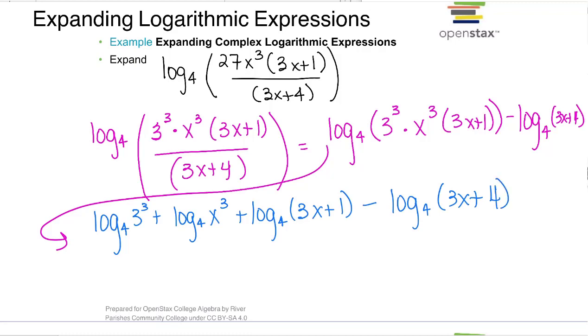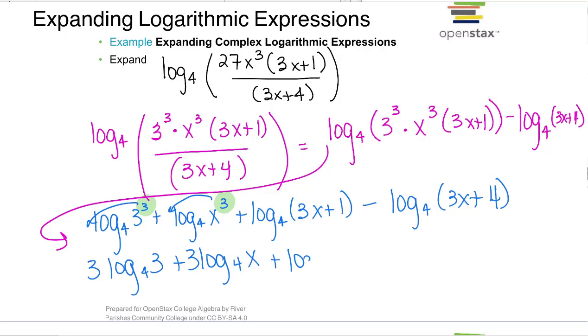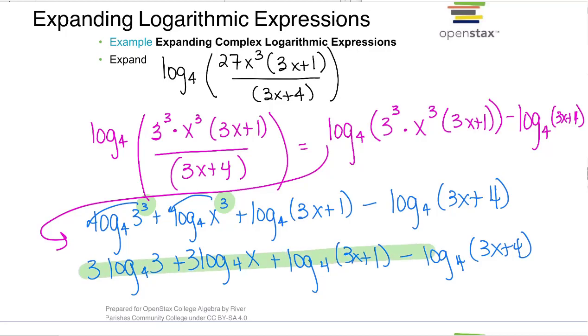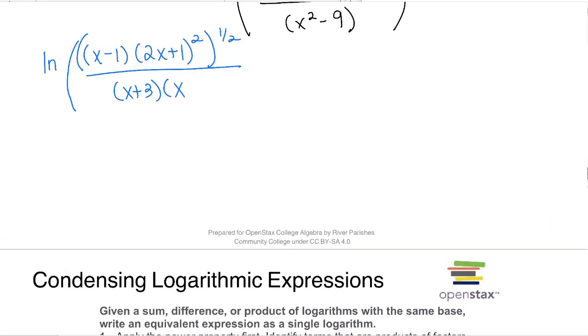And now we can take each of these exponents and move those to the front. So we have 3 log base 4 of 3 plus 3 log base 4 of x plus log base 4 of 3x plus 1 minus log base 4 of 3x minus 4. So that one expands to a pretty long one.